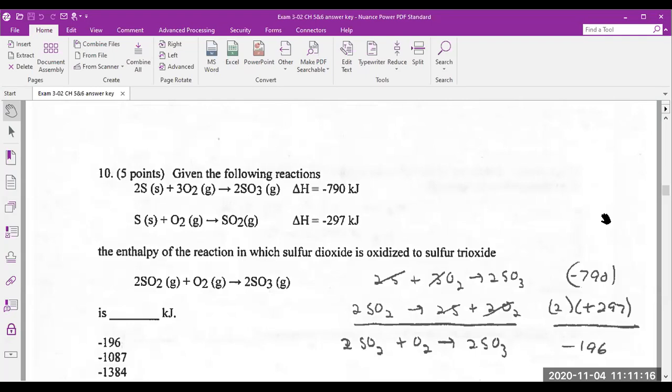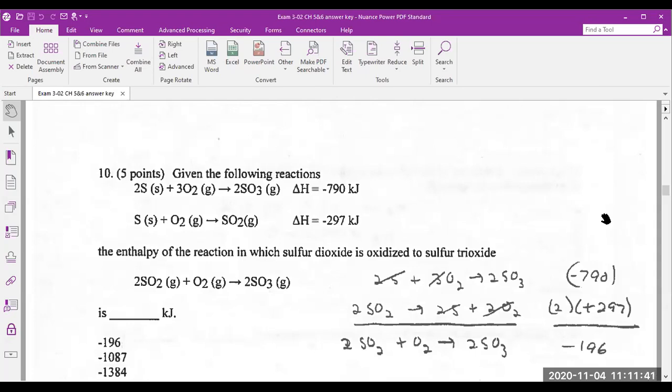If we want to check our equations to make sure they add up to this reaction that we really want, and so if we go ahead and write them out, the first one's written as it is above. The second one is written flipped and then multiplied by 2 across the board. We can then cancel out the 2 S's.